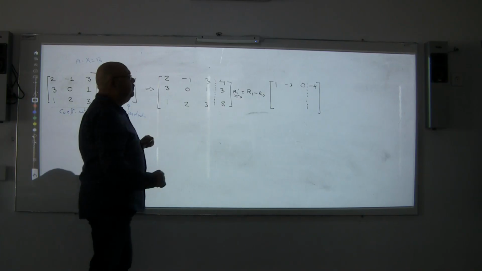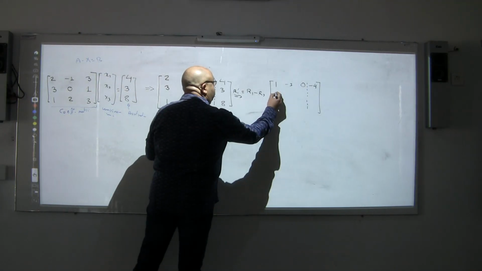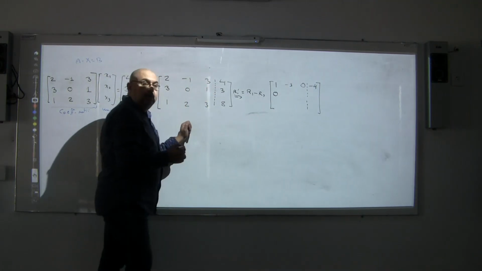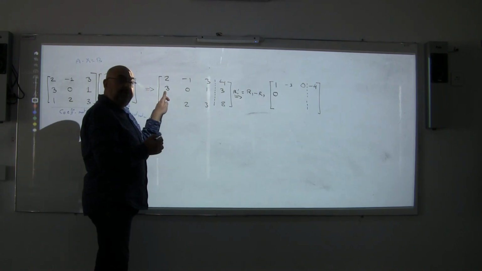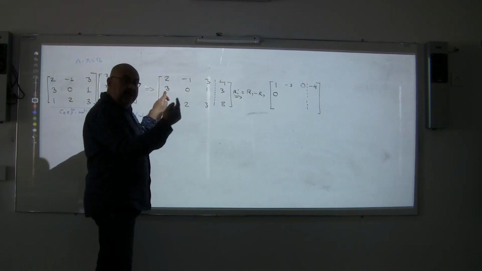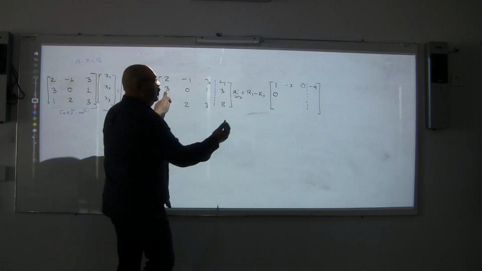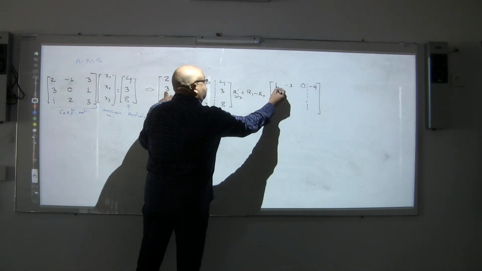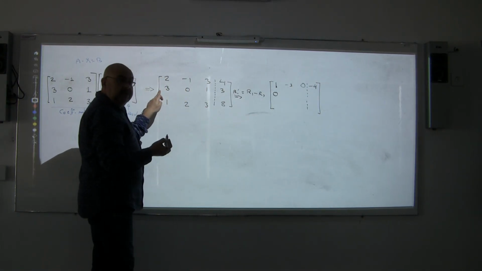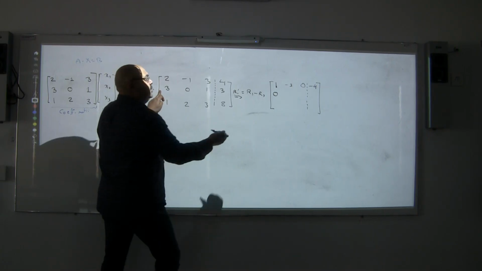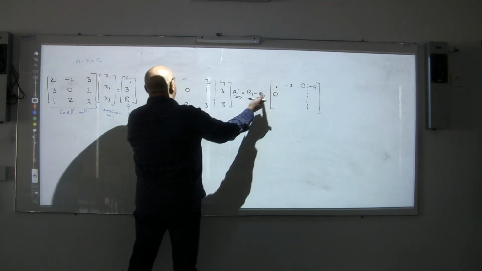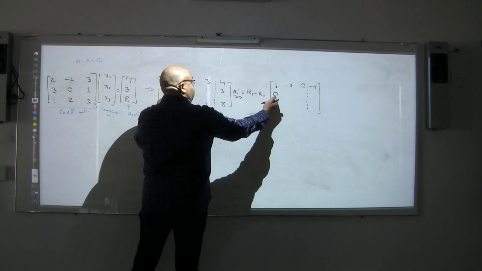Remark that I need this number to be 0, but it is equal to 3. How to bring the 3 to 0? I will multiply this pivot by this number, but with the opposite sign. So let's multiply. Negative 3 plus 3, the result is 0.